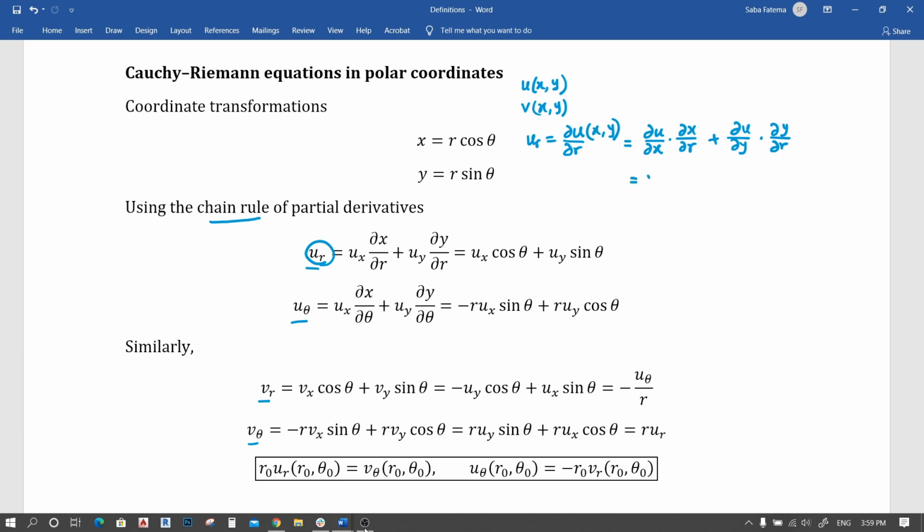This derivative can be written in this form. And this one can be written as u sub y.